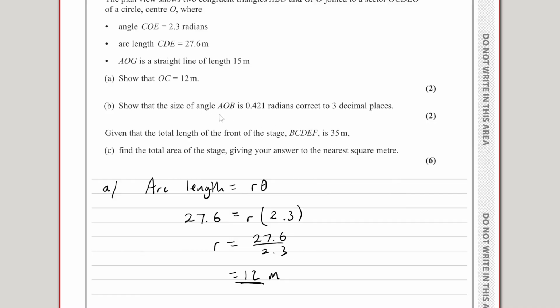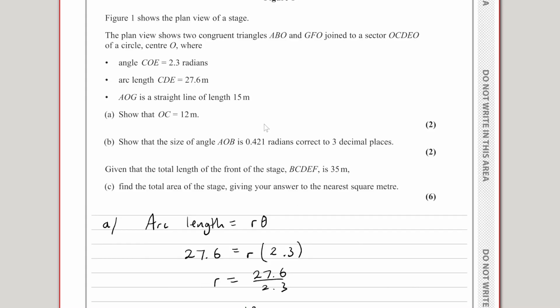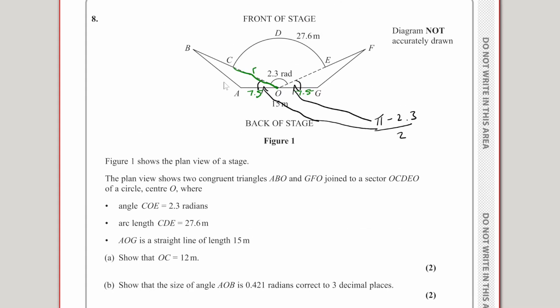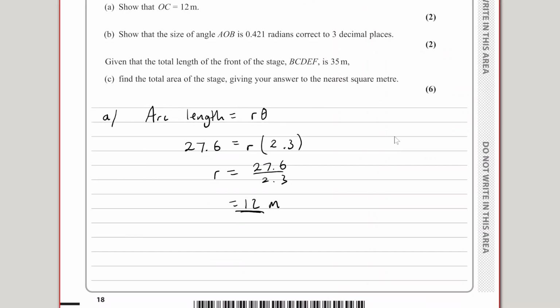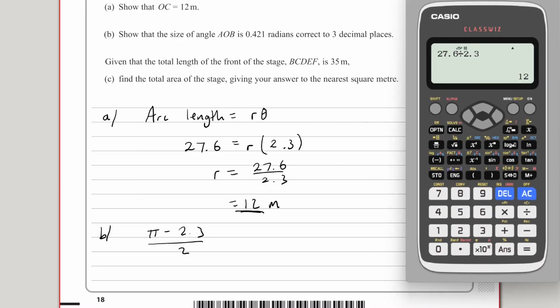Show that the size of angle AOB is 0.421 radians to 3 significant figures. AOB, so that's this angle here, so it's pi take away 2.3 over 2. So just type it into the calculator.